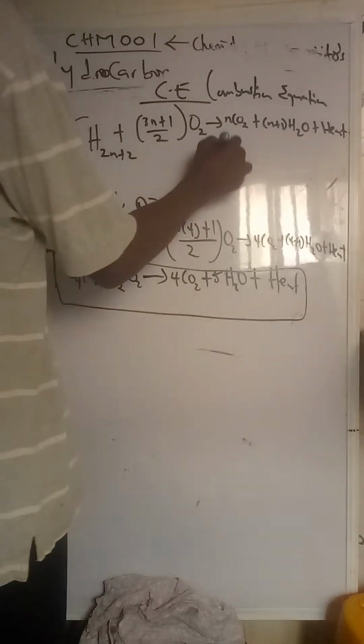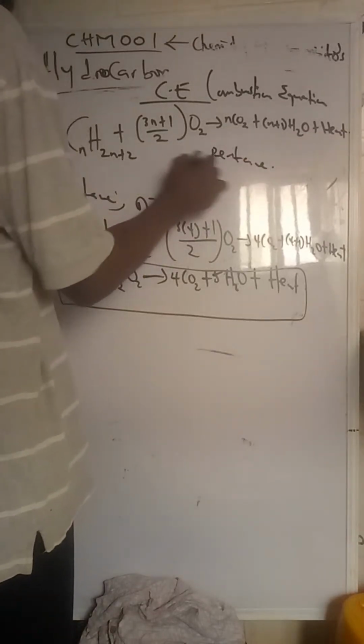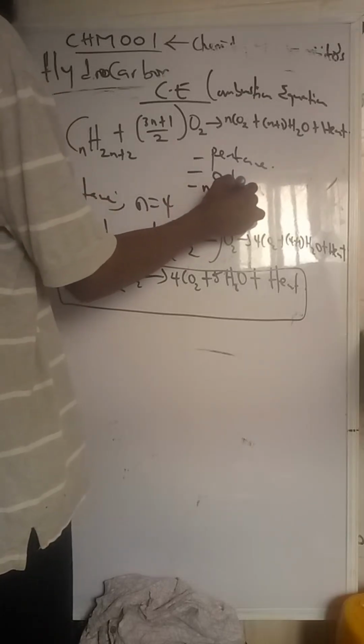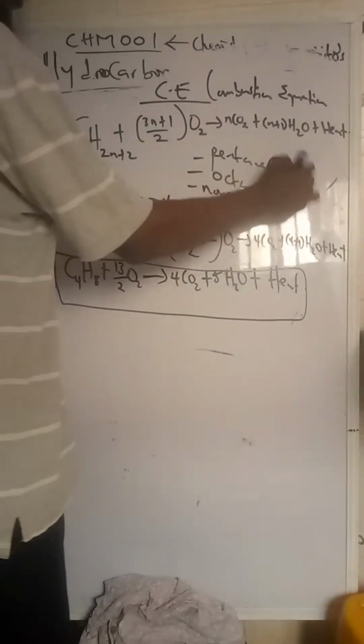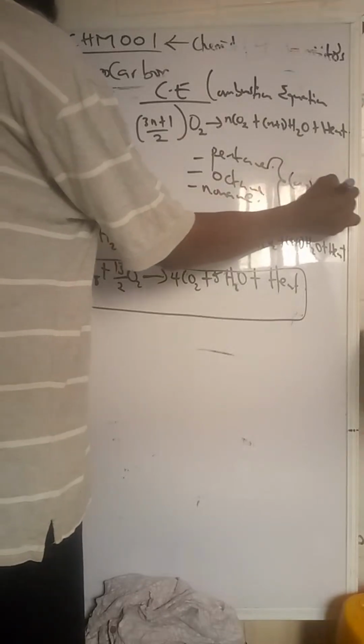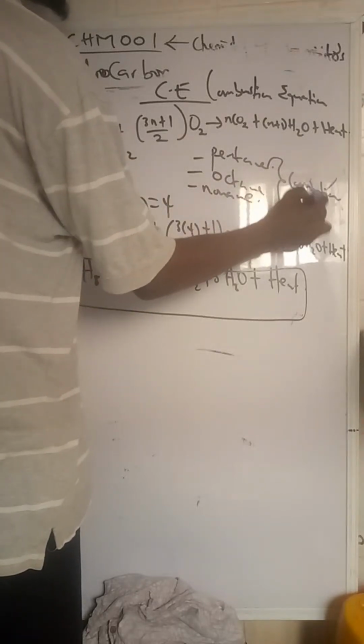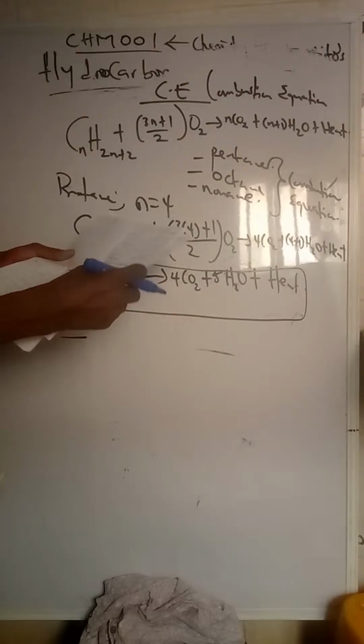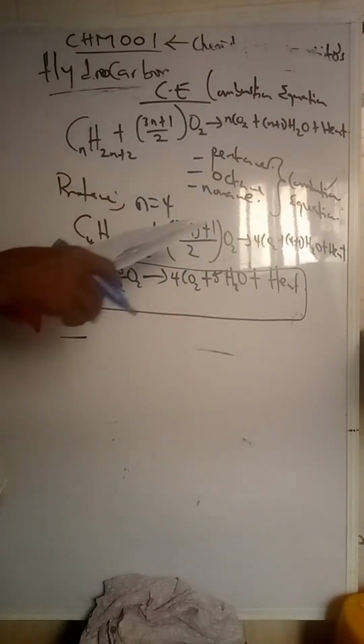So on your own, give me the combustion equation for pentane, for octane, for nonane, and drop it in the comment section. And for the WIAC students, I have assignments for you.